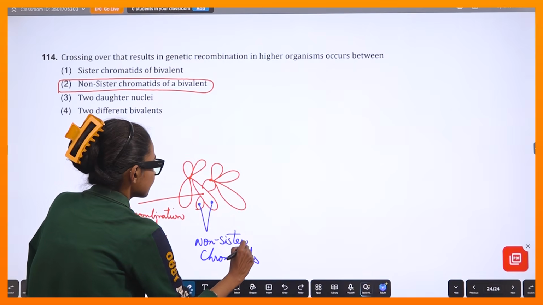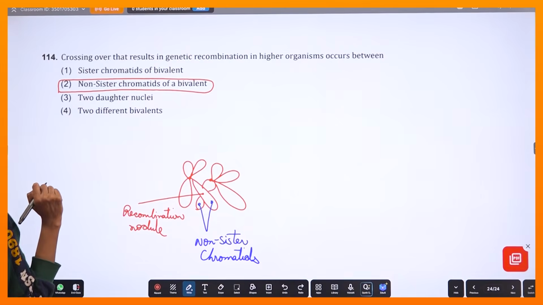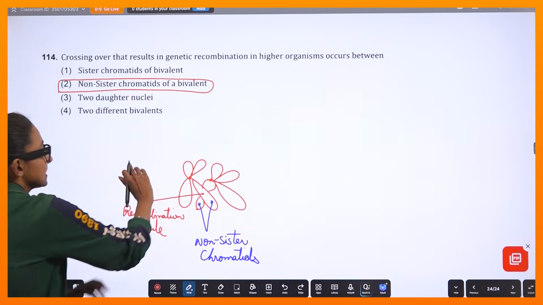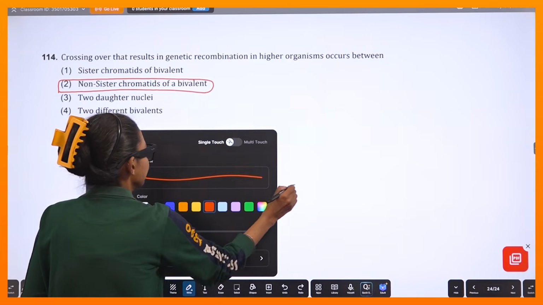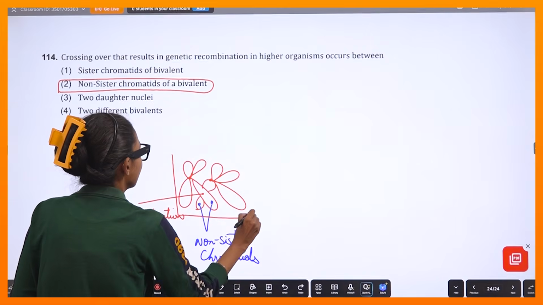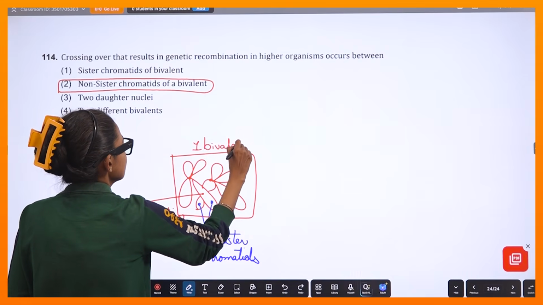Am I right? And this entire pair is called one bivalent.